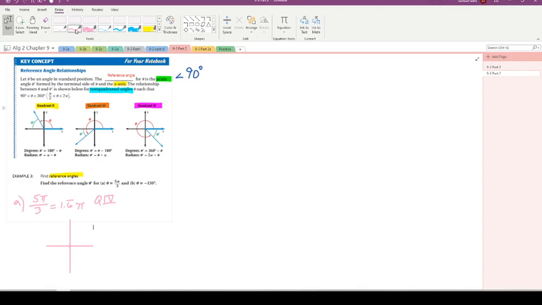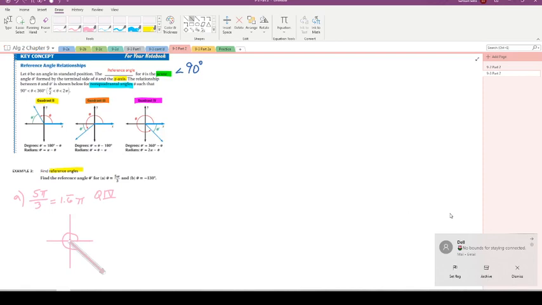And now let's draw that angle. In quadrant 4, it's going to start here, and it's going to go right about here somewhere. And then let's just draw a nice straight line from here down, so it looks like that, all right?